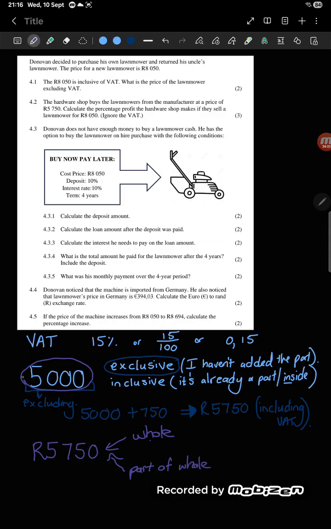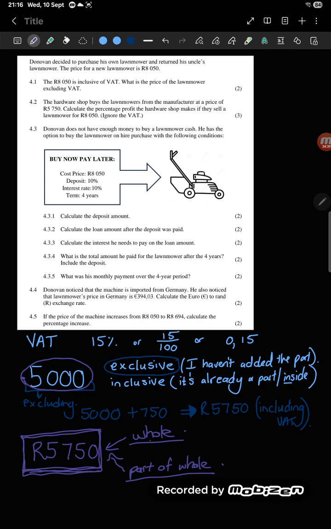So 5,000 is the amount, and we decide on 15% of that whole, which is 750 Rand. So the whole amount that we had plus the percentage or the part of that whole is included in this. Both amounts are included in this final amount. But we needed to find out either what the whole was or the part of the whole.